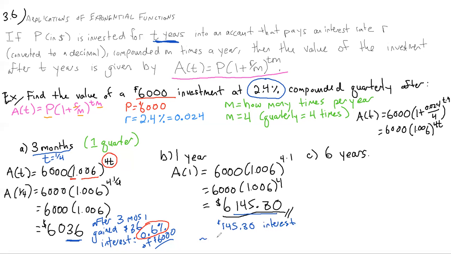So this is 2.422% of 6,000. So it's pretty close to the total interest you're supposed to get through the year, but when you break the compounds down into smaller amounts, you get tiny little bits more, basically.